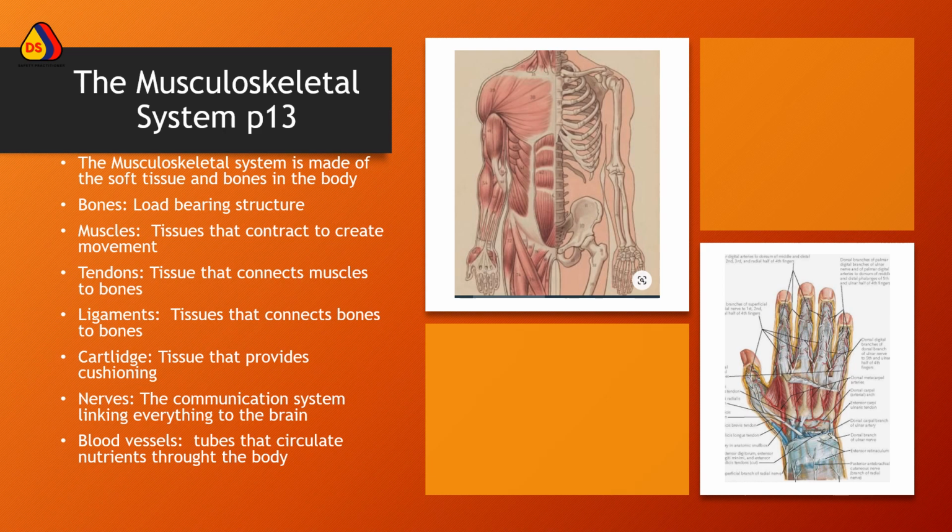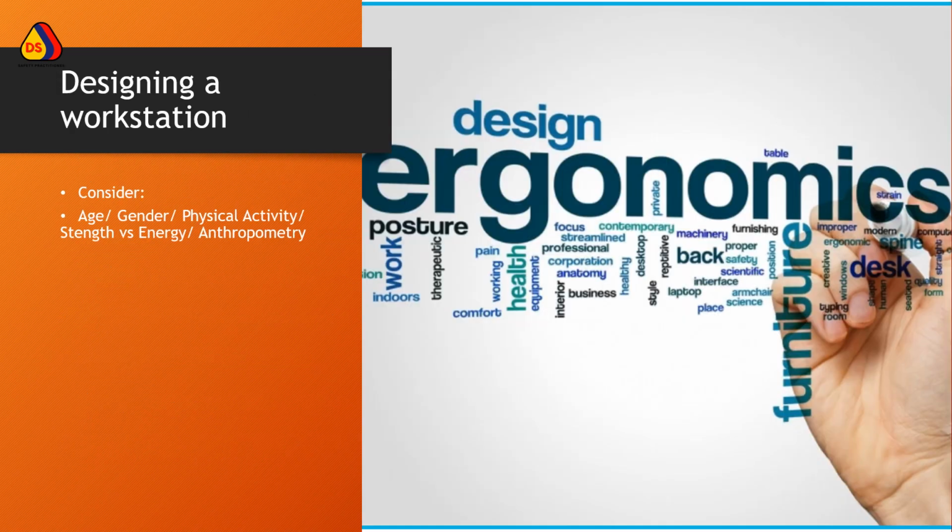Tissues that connect bones to bones are ligaments. Tissues that provide cushioning would be cartilages. And the communication system linking everything to the brain would be by means of the nerves, and the blood vessels are tubes that circulate nutrients throughout the body.